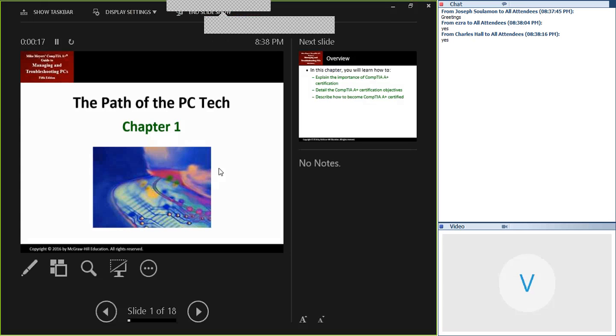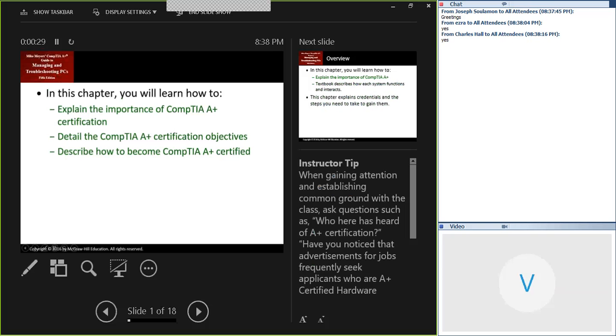Okay. There we go. So the path of the PC tech was the gist of chapter 1. In that chapter it explained the importance of the certification, detailed the certification objectives, and described how to become CompTIA A+ certified, which is what we're all trying to do.